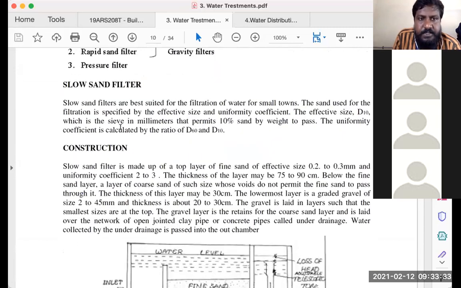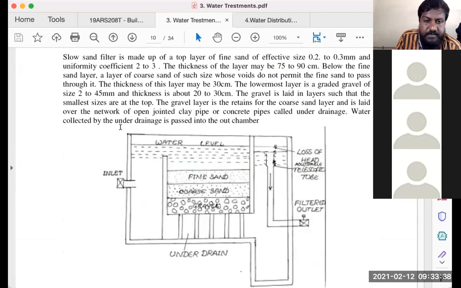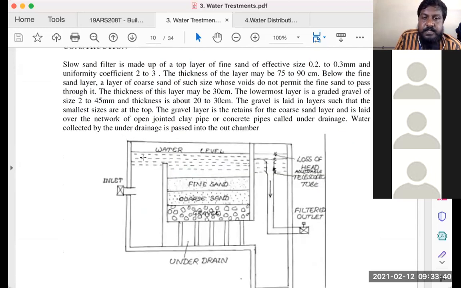Okay. What is a slow sand filter? Just to have an understanding of what a slow sand filter is. A slow sand filter is a tank which consists of a first layer of fine sand, of course, 0.2 to 0.3 mm of fine sand to a depth of 75 to 90 centimeters.